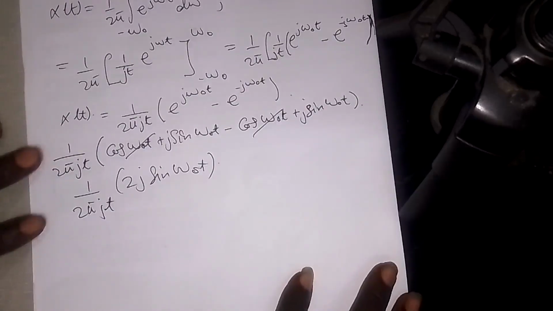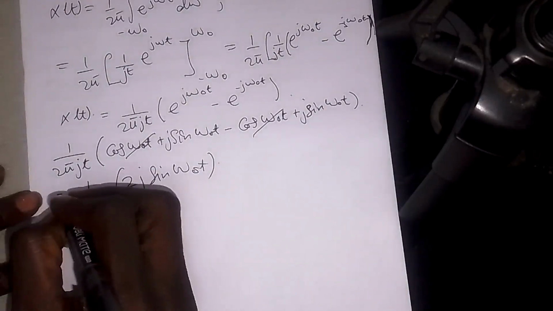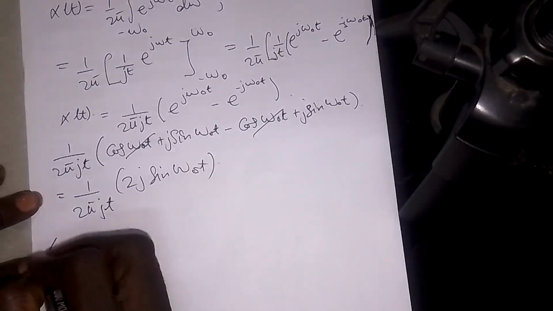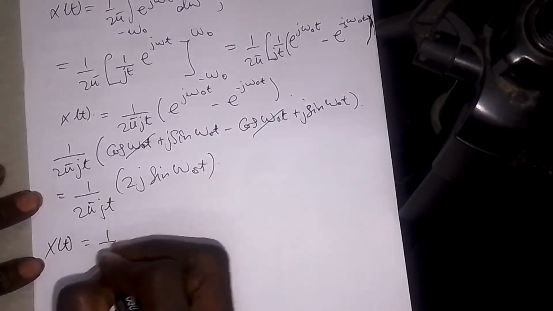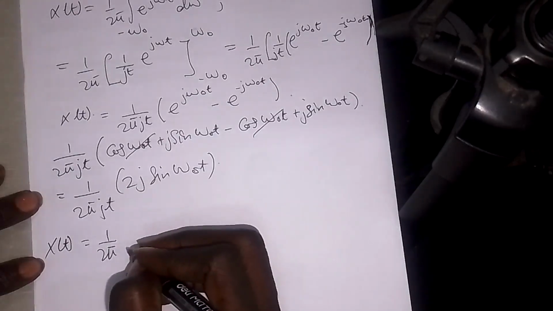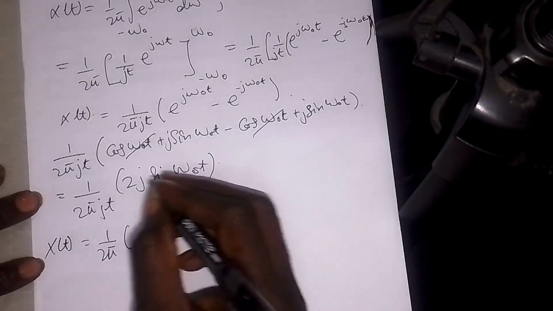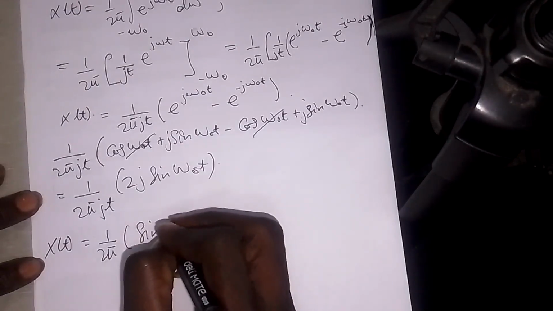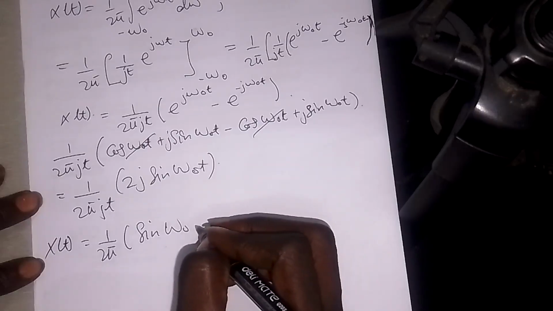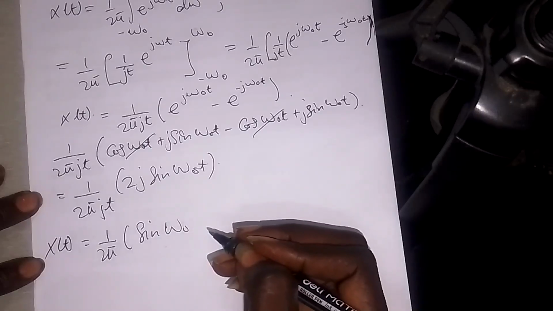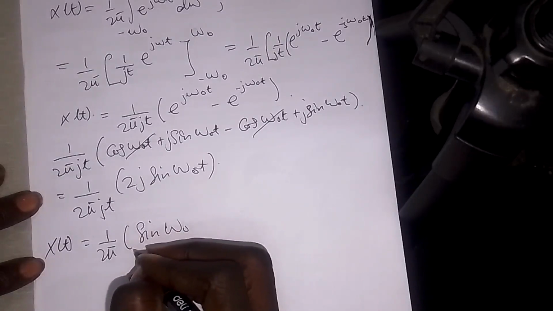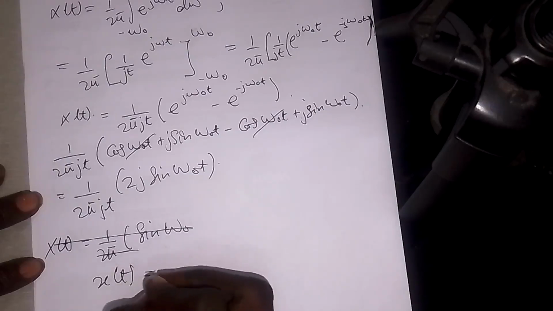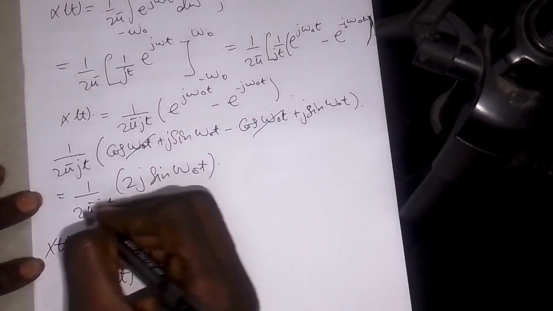Now j will cancel j, 2 will cancel 2. Please wait, let me... I'm going to have x of t is equal to, j will cancel j, 2 will cancel 2.